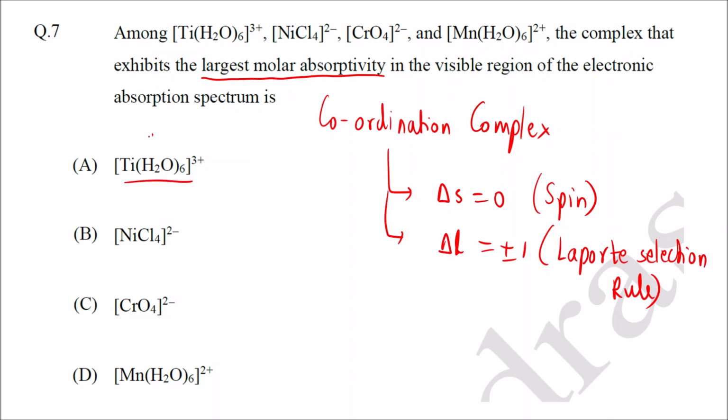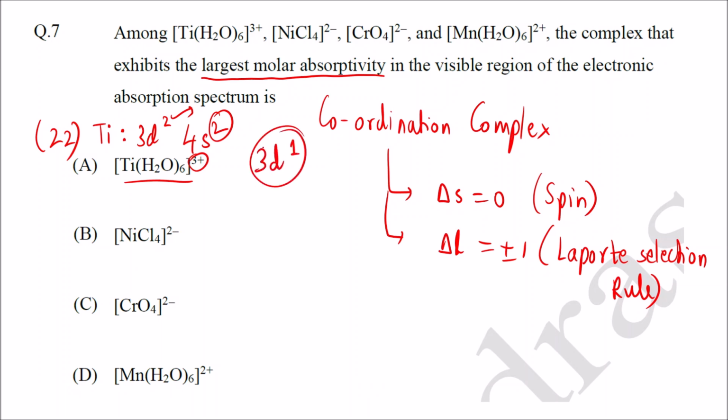Now normally titanium, what is its electron configuration? 3d, scandium, titanium, this is 22. Okay, 3d2 4s2. Now here the oxidation state will be, okay, water is a neutral ligand, so it is plus 3. So remove 3 electrons, 2 from here, 1 from 3d. So this is a 3d1 complex. Now if you see, this is spin allowed.